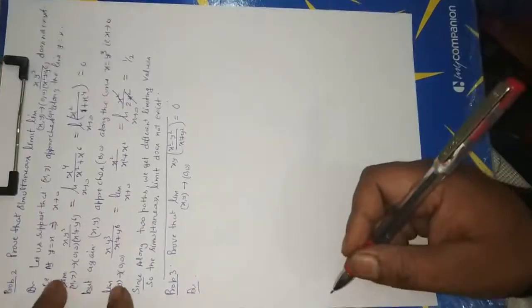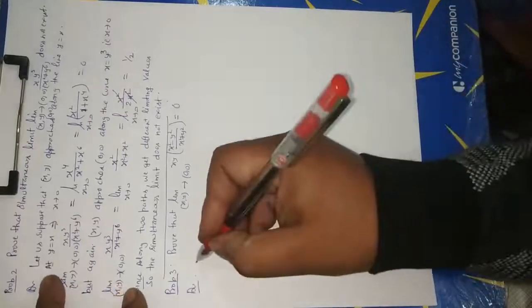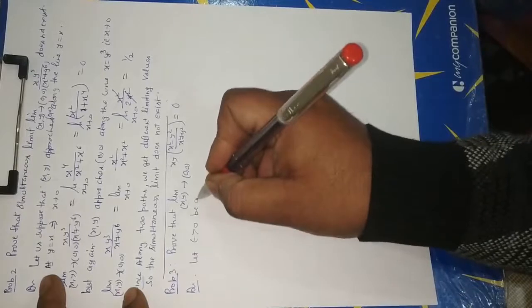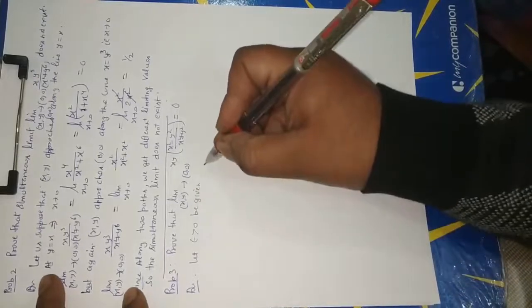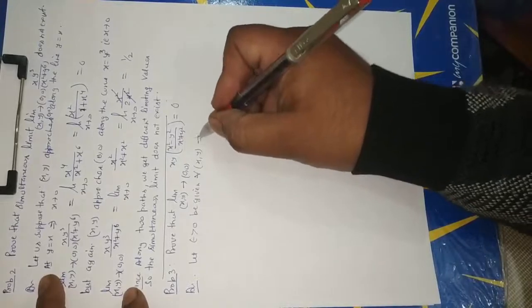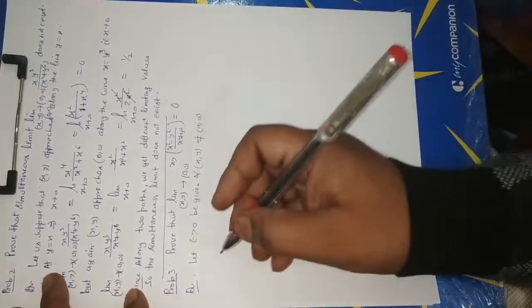Now the solution. Let epsilon greater than 0 be given, for every (x, y) not equal to (0, 0).